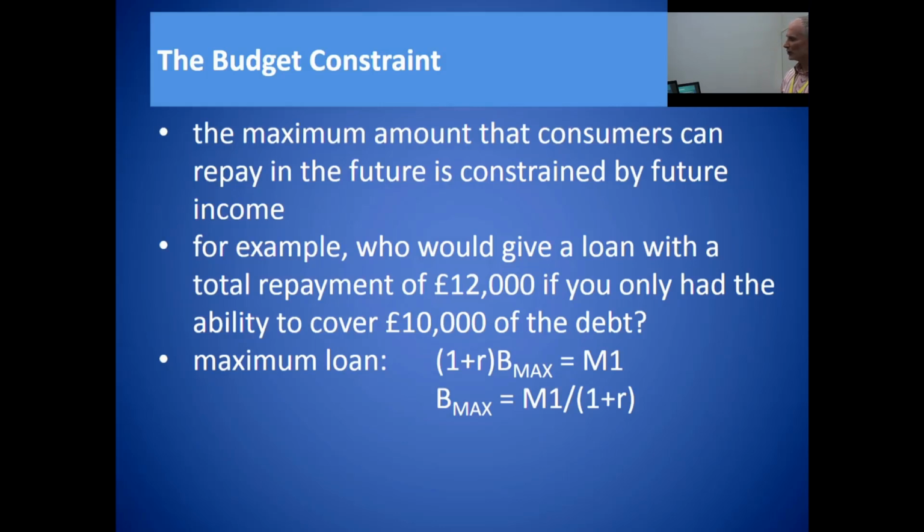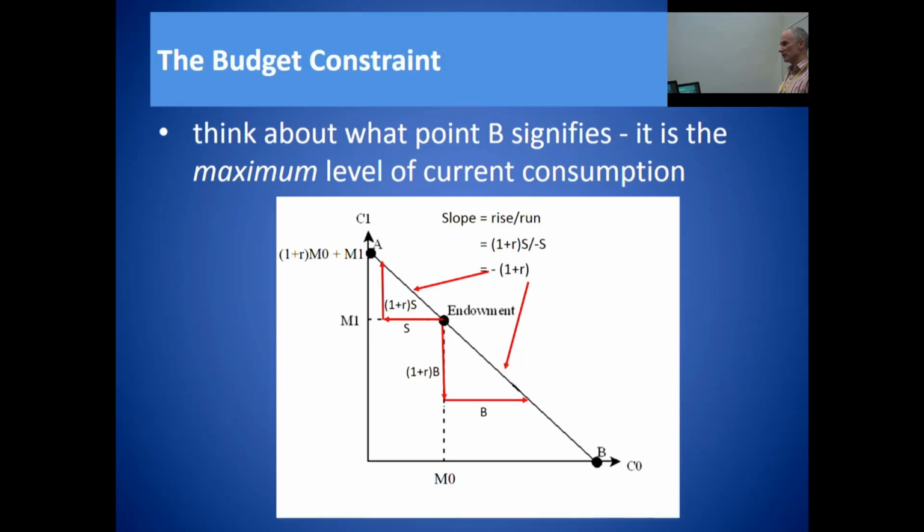And now what I want you to think about is point B on the diagram, that point to the far right, that was the maximum level of present consumption. And what is that determined by? That maximum level of current consumption is determined by your current income, which is M0, plus the maximum loan that you can take out.